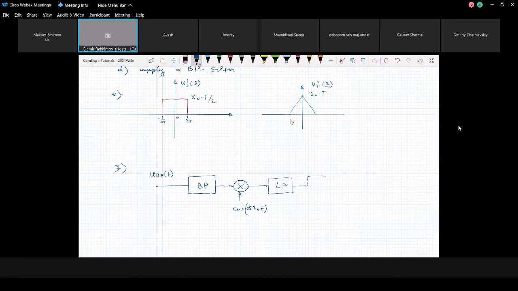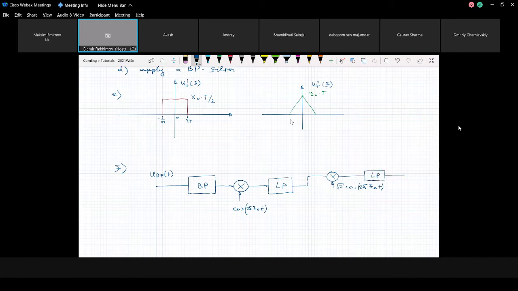quadrature. We multiply by square root of 2 cosine 2 pi f delta t. Then we have another low-pass filter.